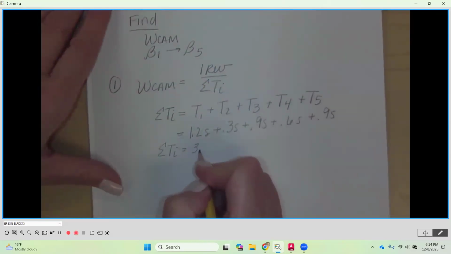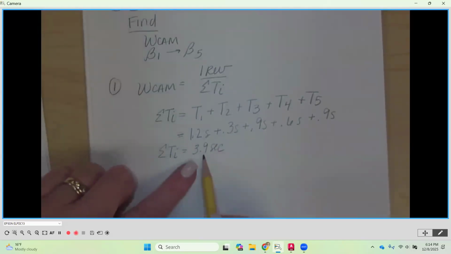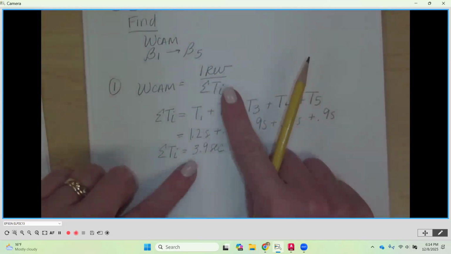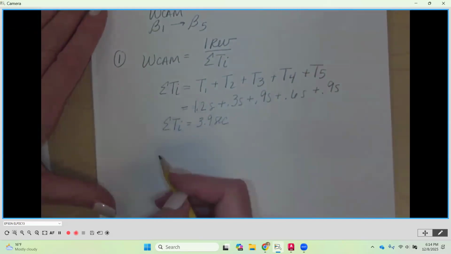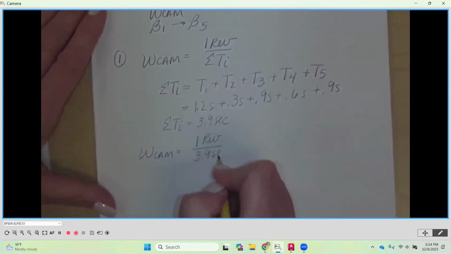Yes, that sounds correct. Anybody else get that? That is going to be the number that we put in the bottom of our equation for the rotational speed of the cam. So now I'm going to do my W of my cam. That is going to be equal to 1 revolution divided by the 3.9 seconds.